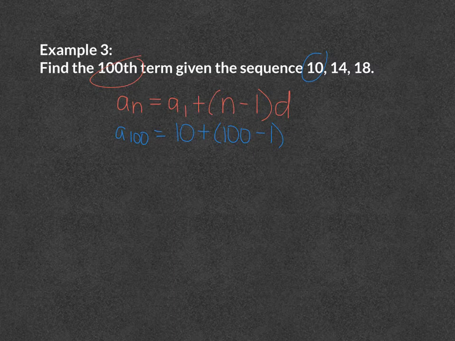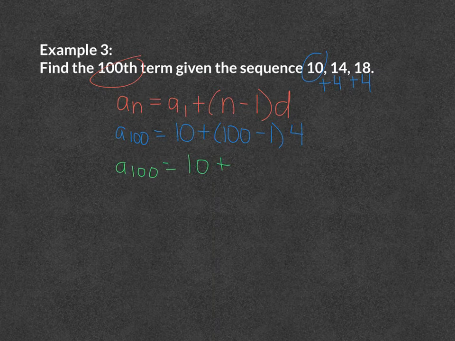So from 10 to 14, we are adding 4. From 14 to 18, we're adding 4. So the difference is 4. I'm going to bring down a sub 100. Bring down 10. 100 minus 1 is 99.